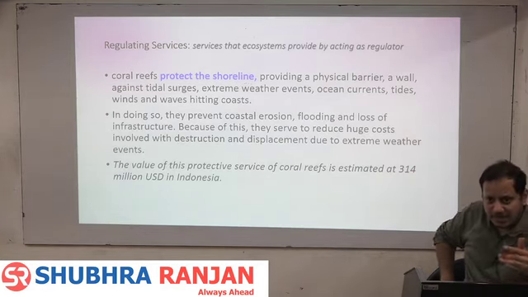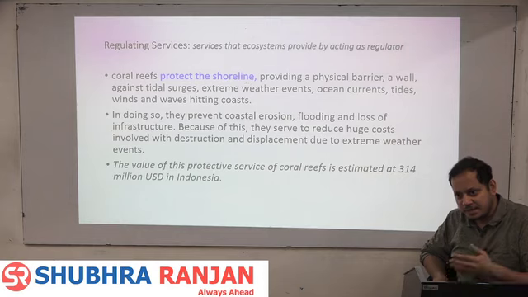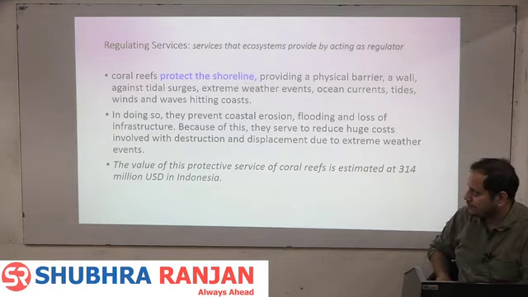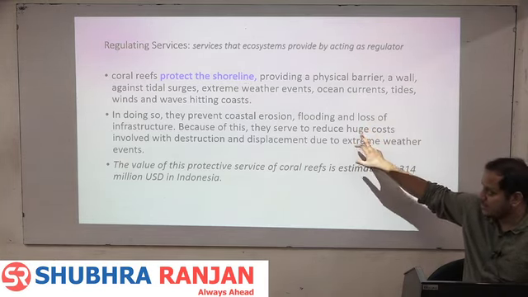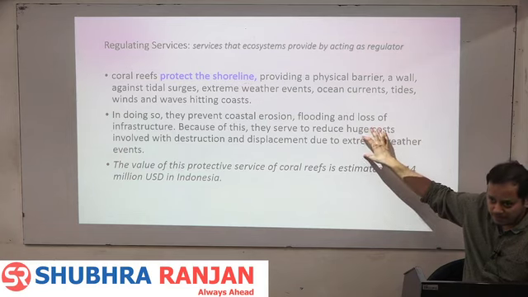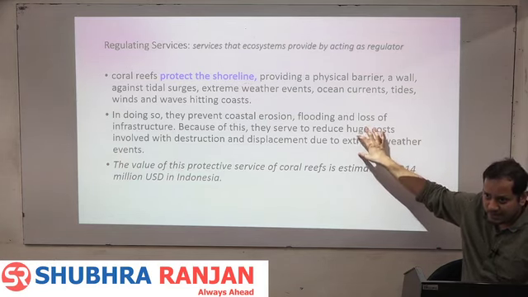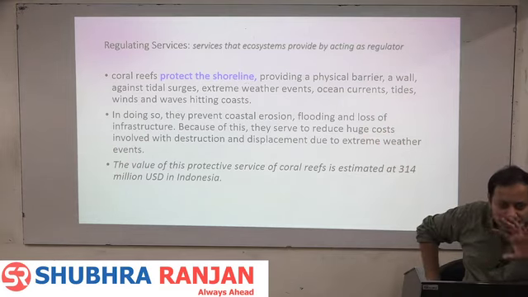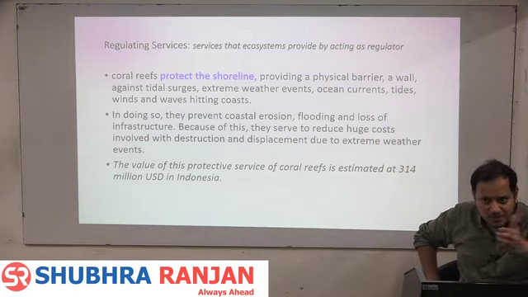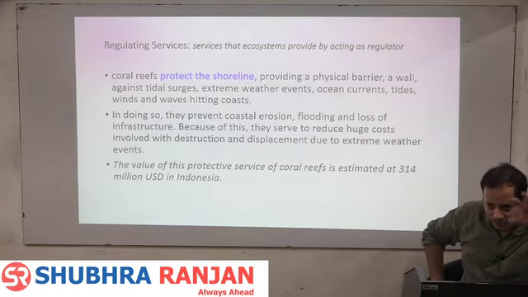And as a result, they act as a first line of defense, just like mangroves, against any kind of incoming cyclonic storm. In doing so, they prevent coastal erosion, flooding, and the loss of infrastructure, saving billions and millions of dollars that goes into the repairing. अगर corals है, mangroves है, तो there is no harm to the coastal infrastructure because they will first come and hit the coast.